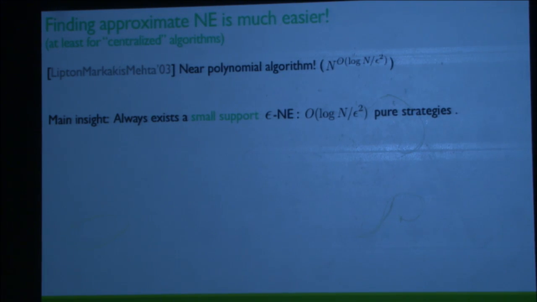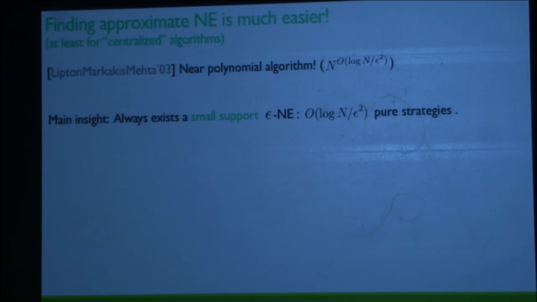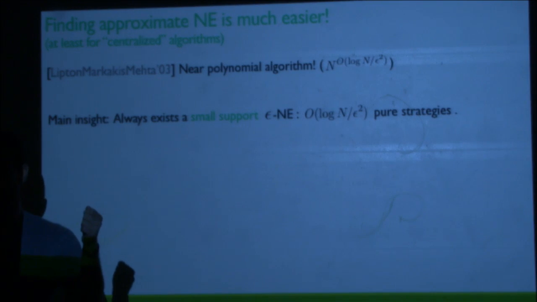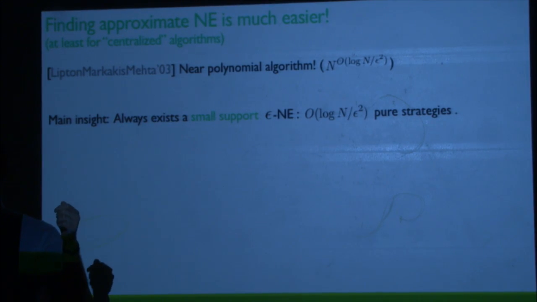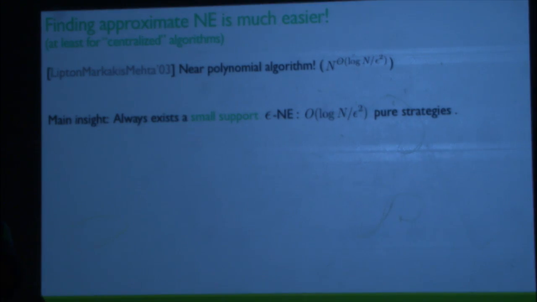I didn't give the proof, but the proof is very easy. It's basically a concentration argument. You take an exact Nash equilibrium, mu and sigma. Each player samples independently and uniformly at random log n over epsilon squared pure strategies from his own respective strategy profile, and you take the uniform distribution over these samples.